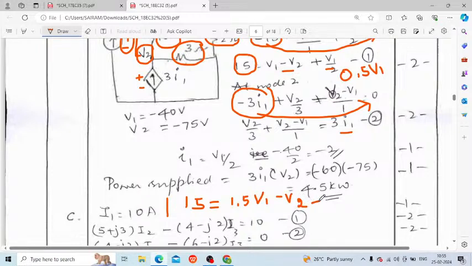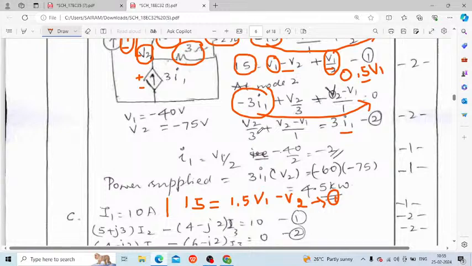The very first equation, right? So V1 by 2 means 0.5 V1, and this 0.5 V1 plus this V1 will give me 1.5 V1, right? Okay. And now here this equation, you have to take 1 by 3.